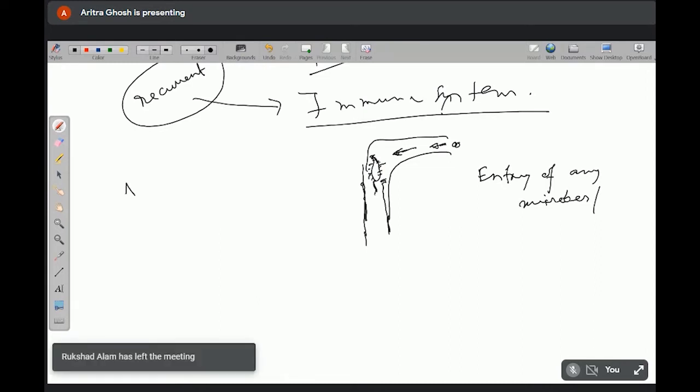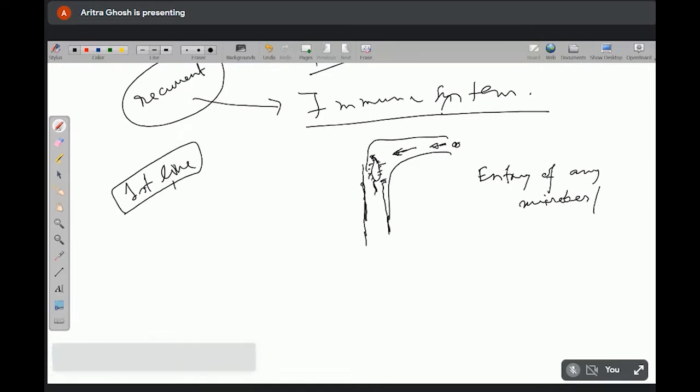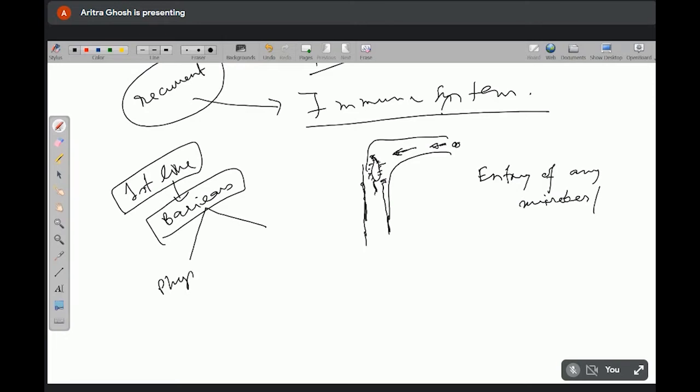Very good. Lysozyme enzymes are there. Tears, what is there? Lysozyme. Tears also have lysozymes. So these are the physical and chemical barriers, and in this way the body will try to protect from this bacteria. That may not be bacteria, maybe viral, maybe COVID virus, everything, but the body will try.